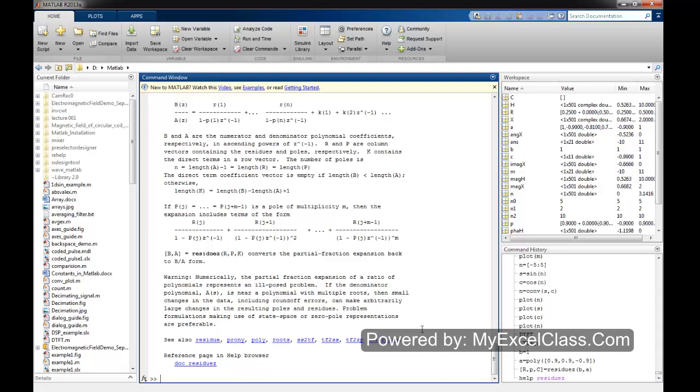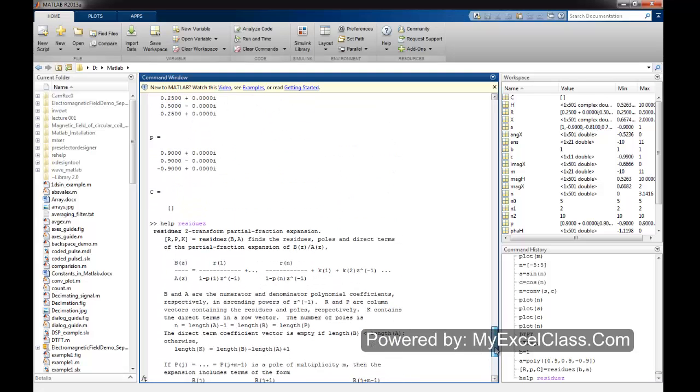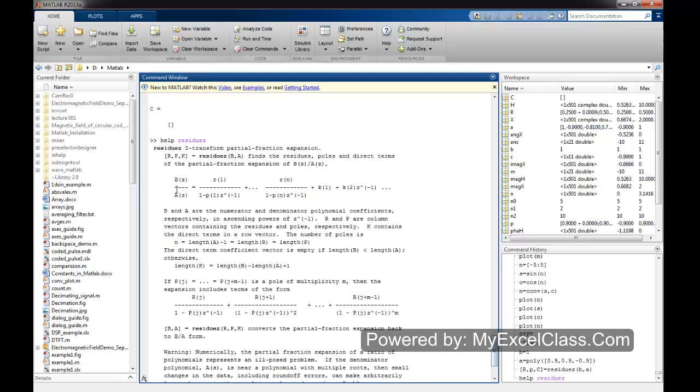Okay, so here's your Matlab help for this command. Residuez is a Z transform partial fraction expansion. Because our equation was in fractions, I've used this function, and it finds the residues, poles and direct terms of the partial fraction expansion of b z over a z.